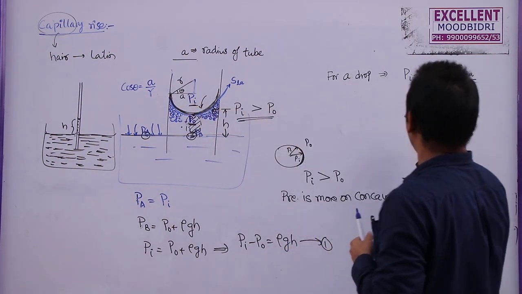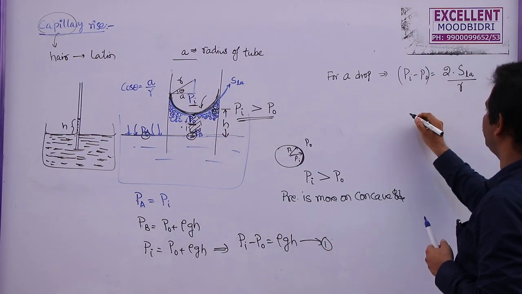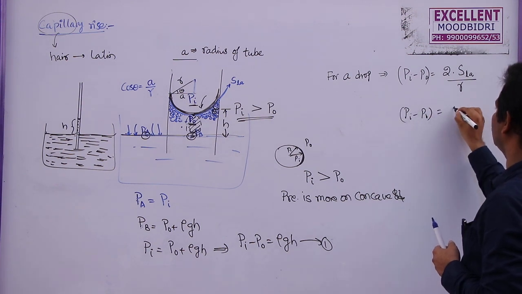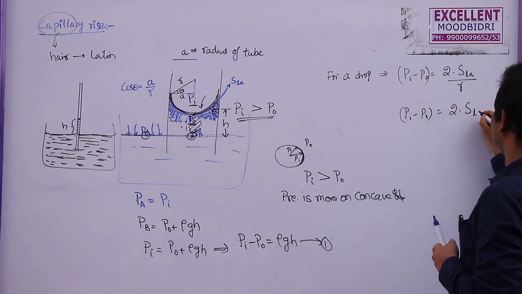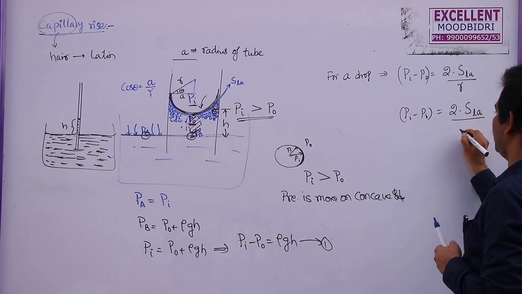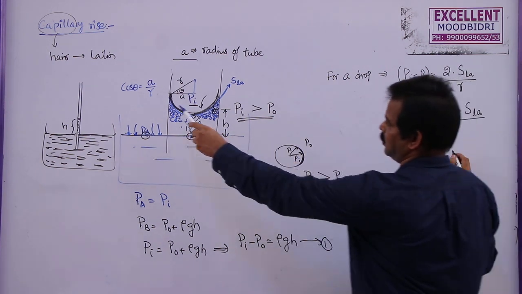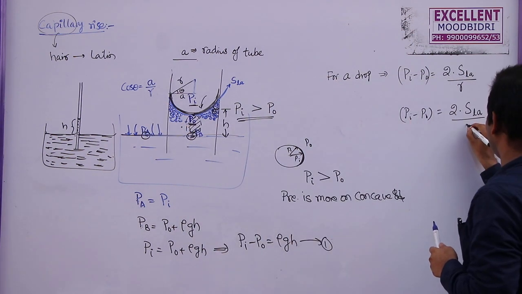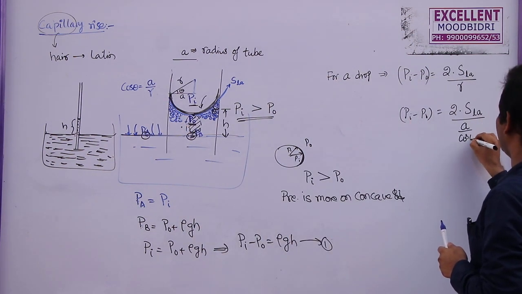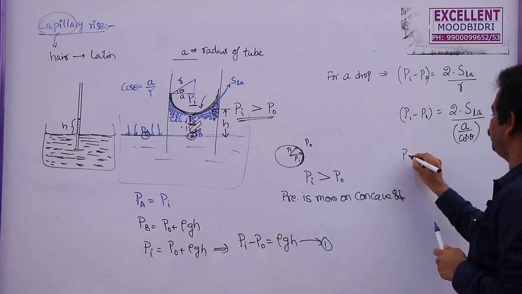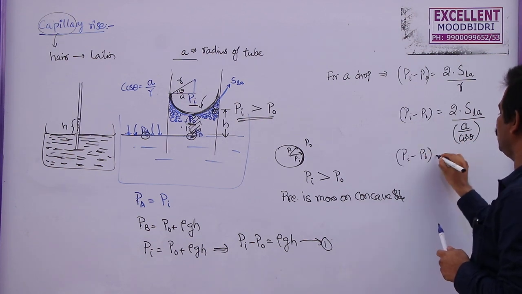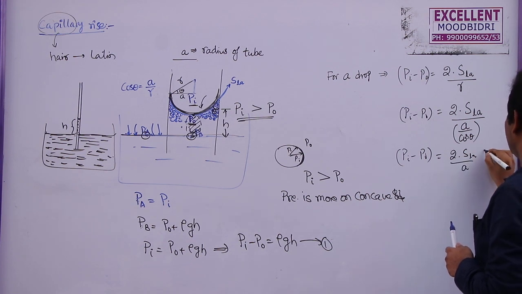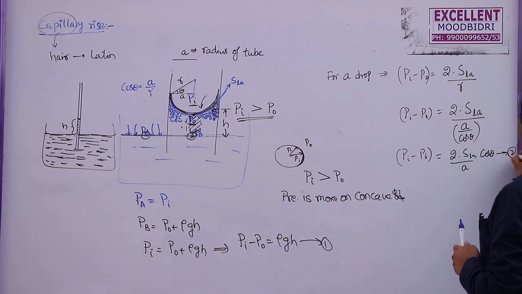Now this can be written as Pi minus P0 equal to 2 times the surface tension between liquid and air by R. Here cos theta is A by R, so R is equal to A by cos theta. So Pi minus P0 is equal to 2 S_L cos theta by A. This is equation 2.